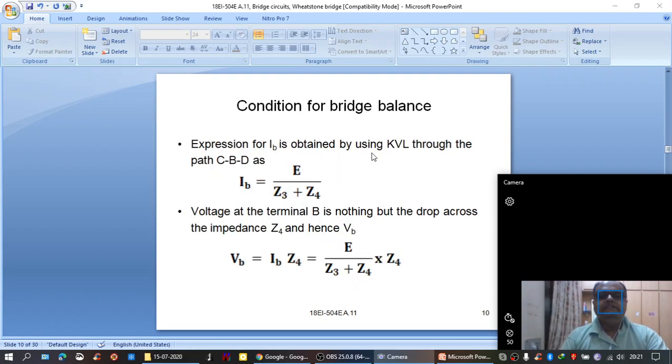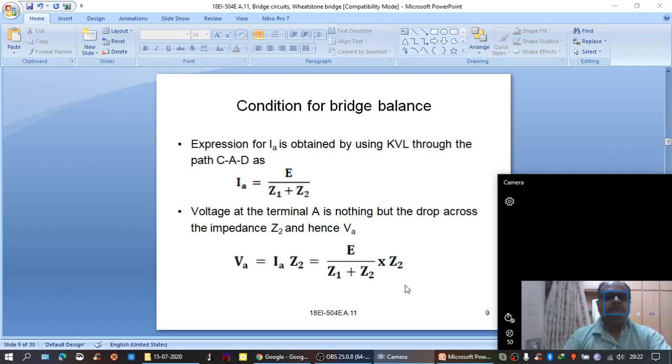IB is equal to E by Z3 plus Z4, and voltage at the terminal B is nothing but the drop across the impedance Z4, and hence VB is equal to IB into Z4, which, replacing IB with E by Z3 plus Z4, can be written as E by Z3 plus Z4 into Z4. This is the expression for VB. And here this is the expression for VBA.